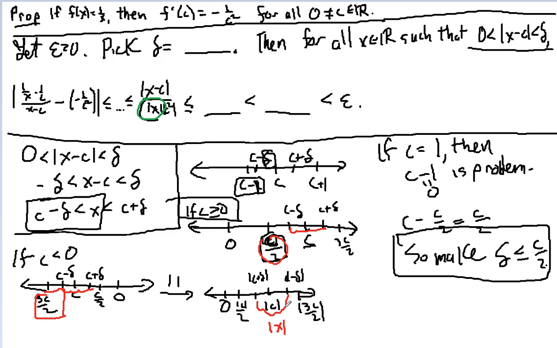So in either case, x is going to be bigger than c over 2 if c is positive, which means that it's absolute value of c over 2. Or if c is negative, I'm going to get that absolute value of x is going to be bigger than absolute value of c over 2. So if I do this all in one step, I can just make delta less than or equal to absolute value c over 2, and it works for everything.